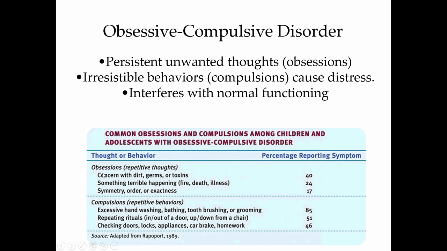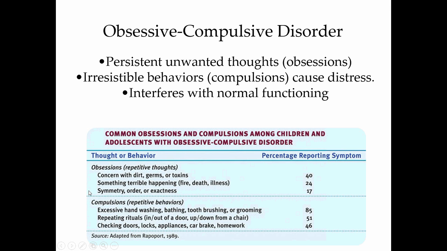So we can see some of the more common types of obsessions in the box here. A concern with dirt, germs, toxins, fears of contamination. Notice that might match up with a compulsion for hand washing or bathing or grooming of some sort. Another very common obsession is of something terrible happening, which might lead to, say, various rituals of checking doors and so forth.